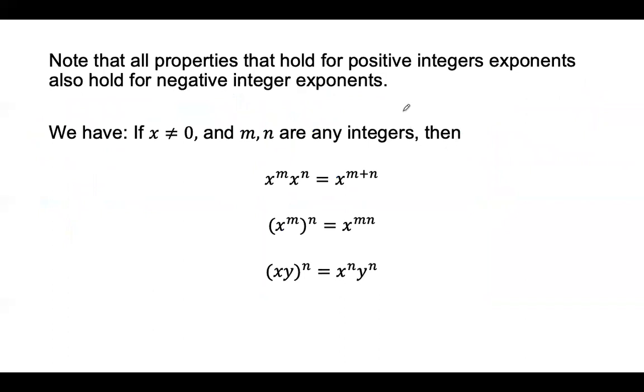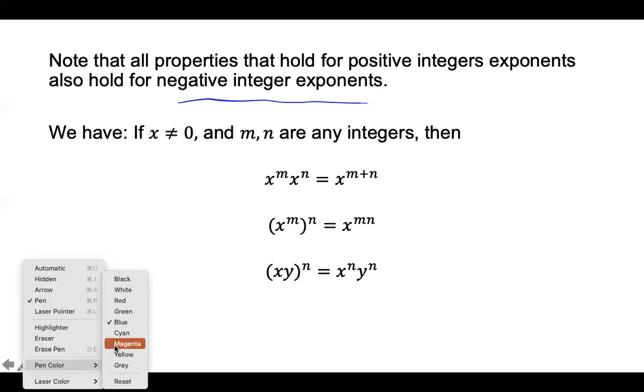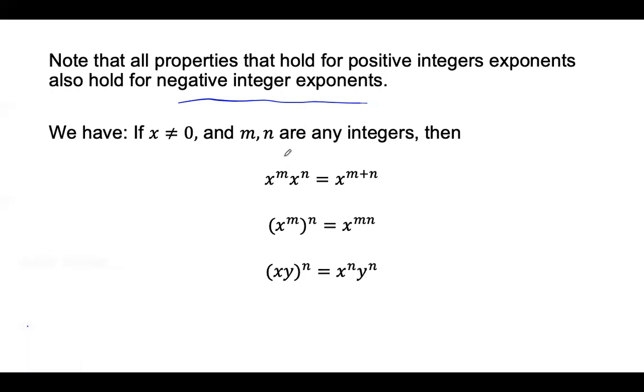Note that all properties that hold for positive integer exponents also hold for negative integer exponents. Before we were just talking about the positive exponent cases. So what I'm saying is they also hold for these negative integers as well. This is basically a summary. If x does not equal 0 and m and n are any integers, then this.